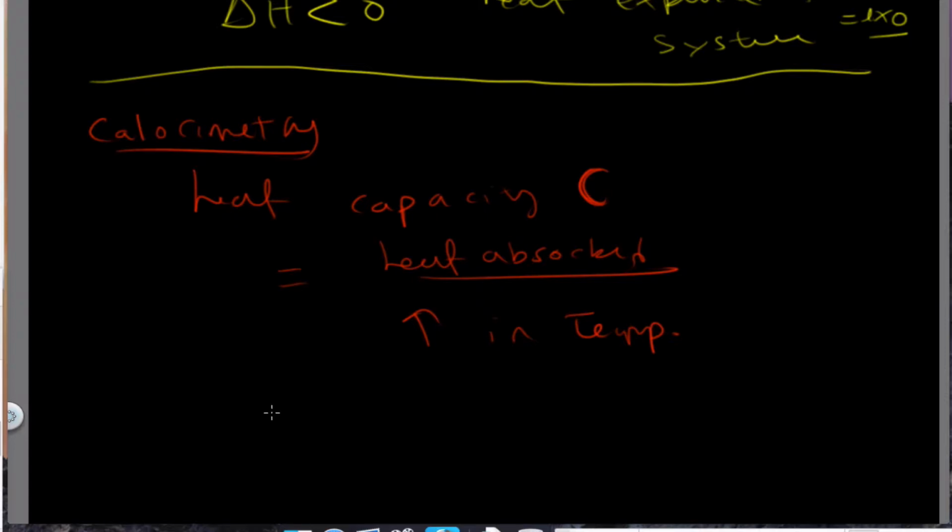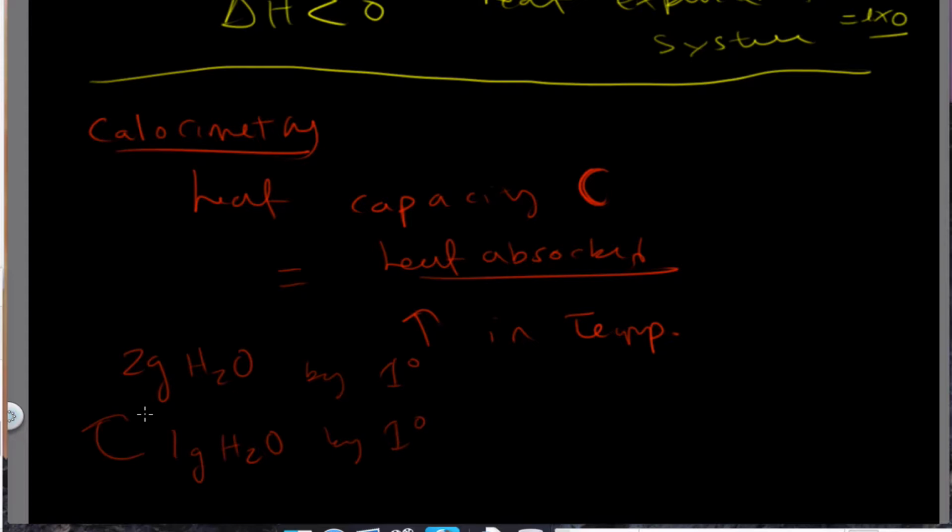An example of this would be it would take twice as much energy to raise the temperature of 2 grams of water by 1 degree than it takes to raise the temperature of 1 gram of water by 1 degree. It's going to take twice as much, and it's because it's dependent on the amount of substance that's present, right?